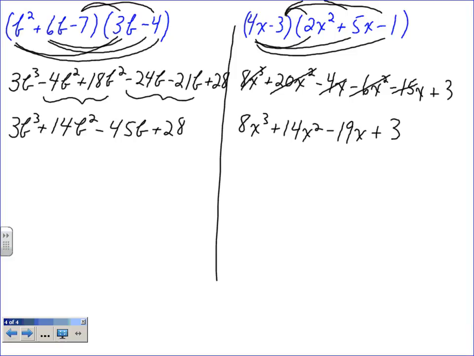Your homework is going to be, and like I promised, once I'm done with writing this, I'm going to have some of you guys come up if you like. On page 565 and 566, 4 through 46 even.